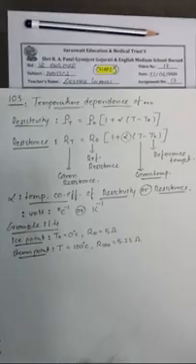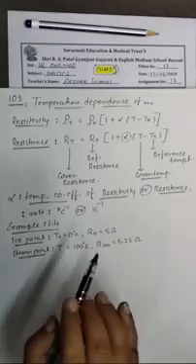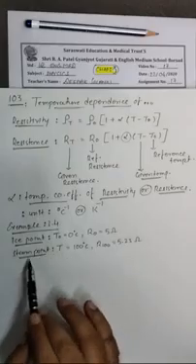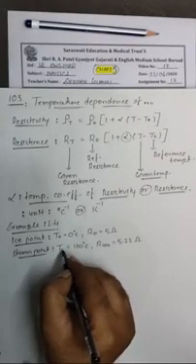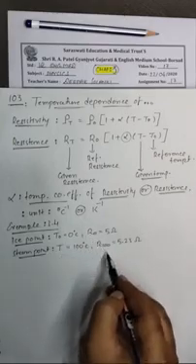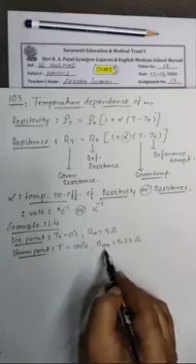Got it? So there are two temperatures, ice point and steam point, with the resistance at ice point and resistance at steam point.